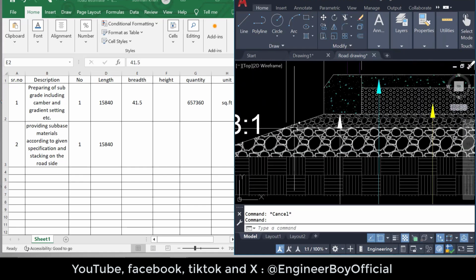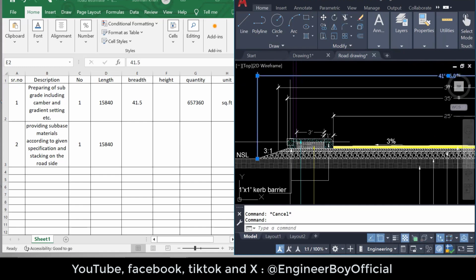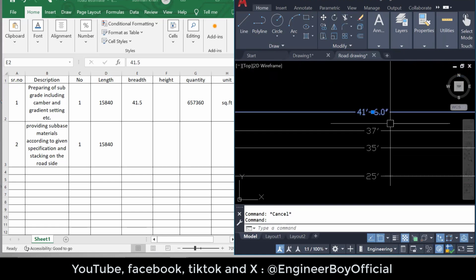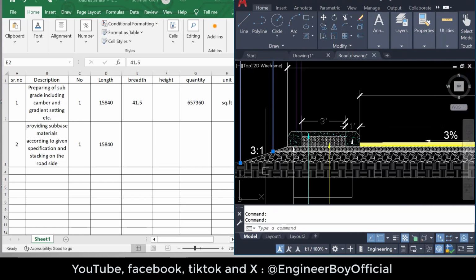It's just forming a trapezium, if you remember the area of trapezium. So it means we have 2 types of breadths, which is 41 feet and 6 inches, and another one that is actually 37 feet.